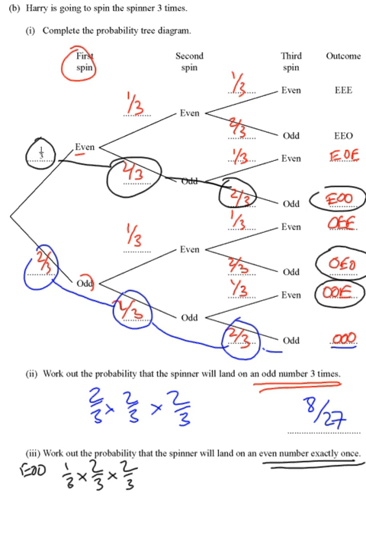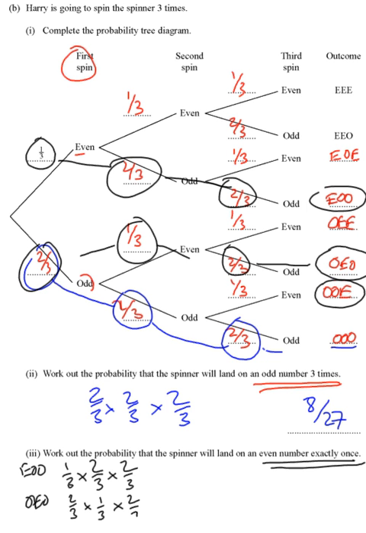And then the next one, OEO, is going to be O, E, O. We multiply along those branches to get the probability of that one. And then we do the last one, which is OOE.